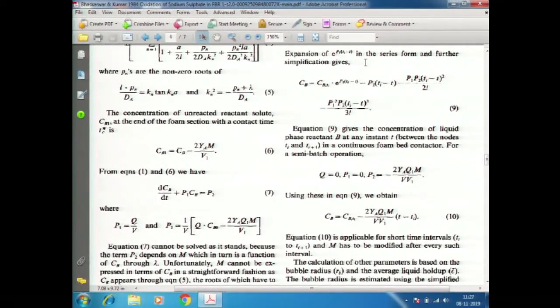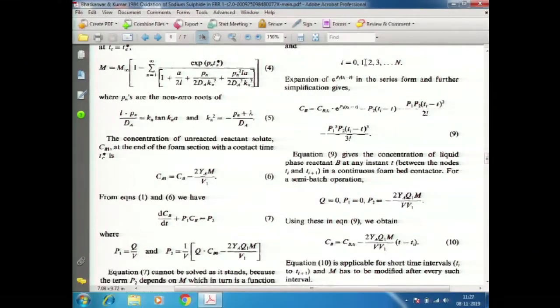We find out in Tc star how much M, how many moles of oxygen have been absorbed. We put them in this equation: 2 YAM by V1, where V1 by 2 is the volume of film. So, YAM is the total moles of sodium sulphide which would have reacted in this volume of liquid, half of film V1 by 2. So, Cb minus 2 YAM upon V1 will be equal to Cb1. I have explained this.